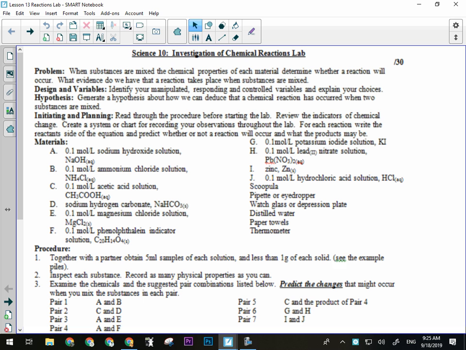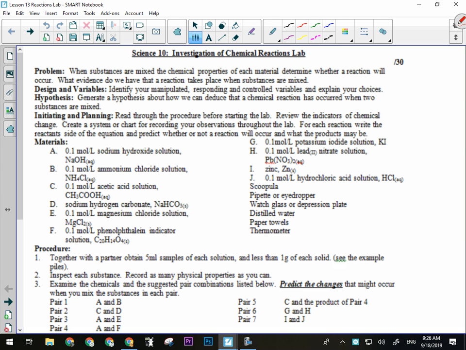All right. For our design and variables, remember, we want to not only identify our manipulated, responding, and controlled variables, but we need to explain each. The explanation needs to include, if it's the manipulated variable, how is it being manipulated and why? For the responding variable, how is it responding? Why? Or how is it being measured?